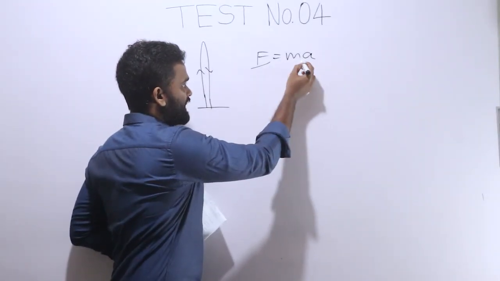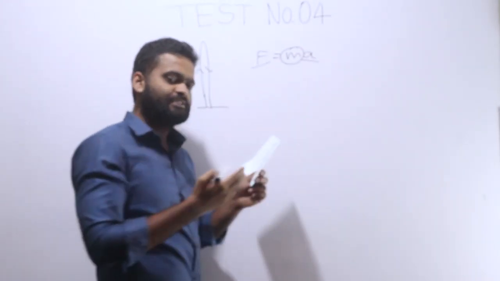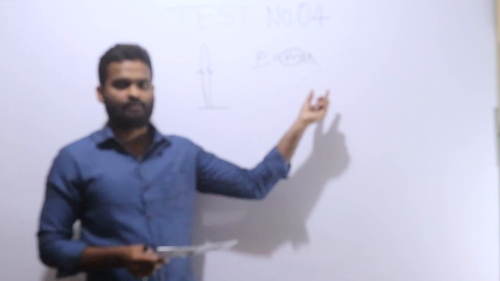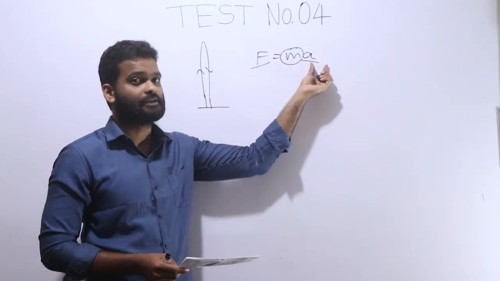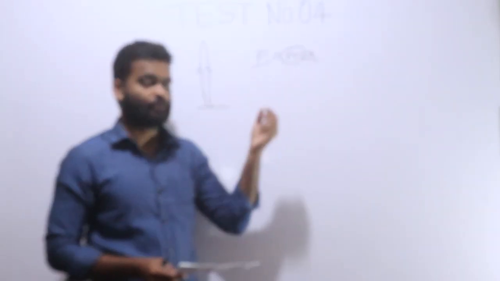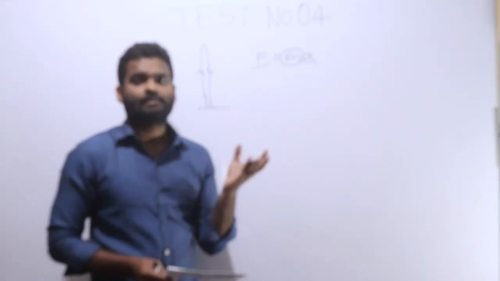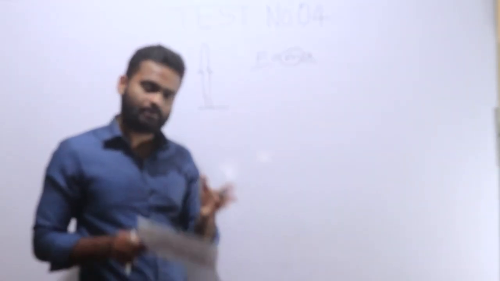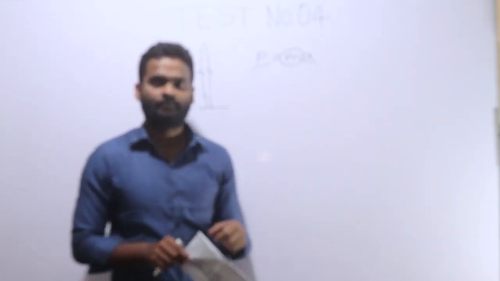So force and acceleration are similar quantities. The only difference is acceleration is multiplied by a constant, which is the mass of the object. So force and acceleration have similar behaviors. Whenever they ask something about the acceleration of an object, think about the unbalanced force acting on the object.